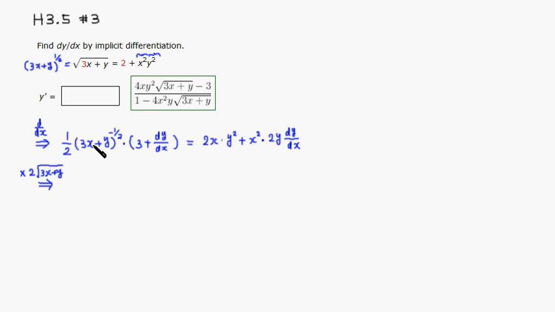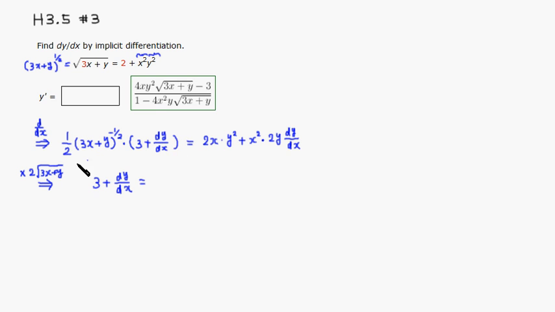Right, this way we're going to have 2 and 2 cancel out, so this is a reciprocal of square root of 3x plus y, so they cancel out. So what's left on the left hand side is only 3 plus dy over dx, right? Then the right hand side is, so we're going to have to multiply all these by 2 times square root of 3x plus y.